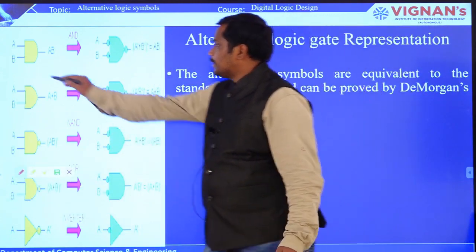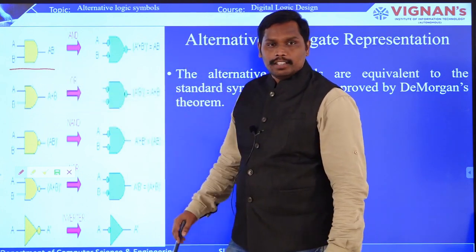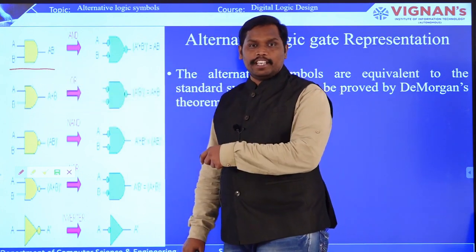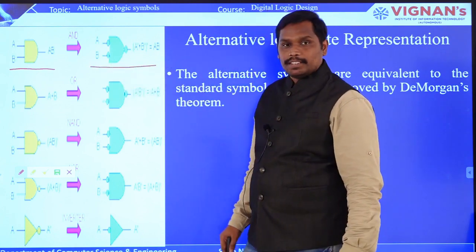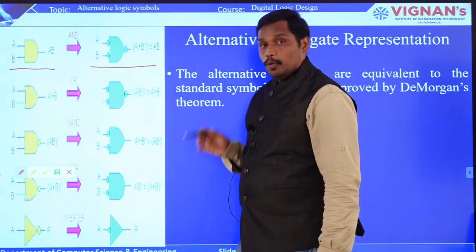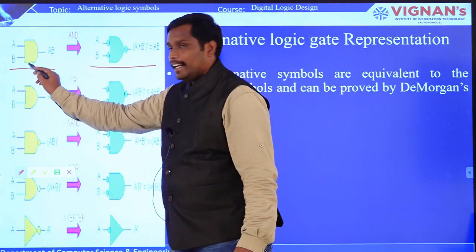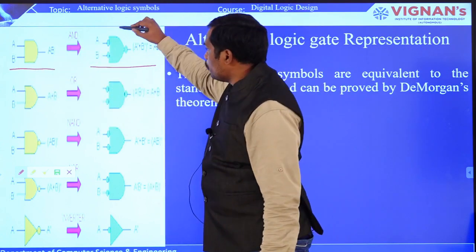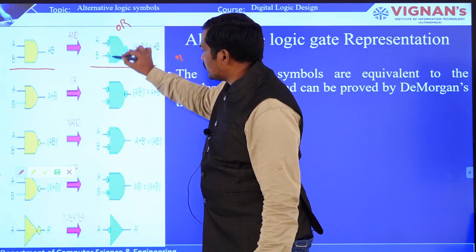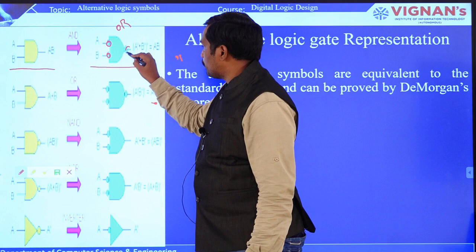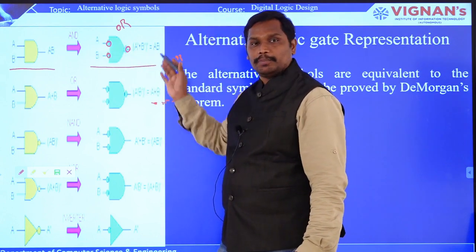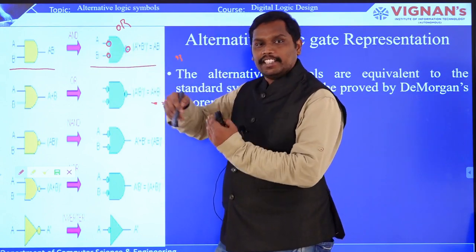You can see that this is the AND gate, the symbol that is used for the AND gate. Now the same AND gate can also be represented with this particular symbol, in which the AND is converted to OR. You can see the symbol OR with bubbles at input and output, which means that the whole gate is inverted.